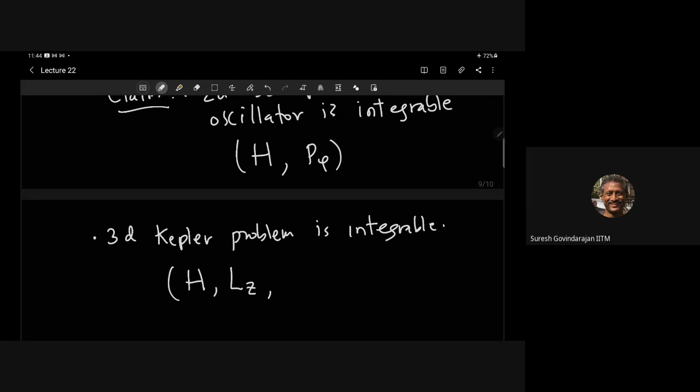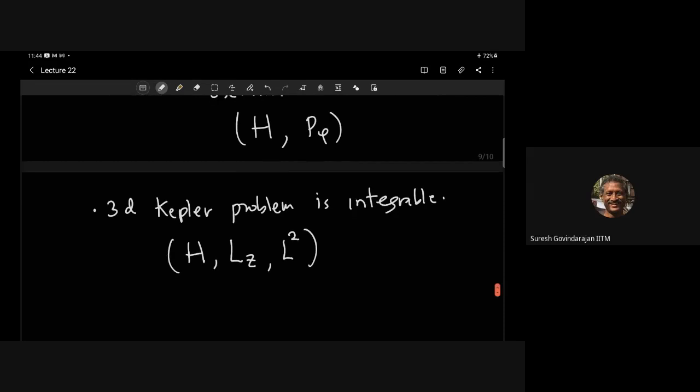Last one, I need one more. You've forgotten, but it doesn't matter. It's L squared. I can't put Lx. Why can't I put Lx? Lx is also a constant of motion. But Lx and Ly don't commute. Exactly. And we already saw this is superintegrable.